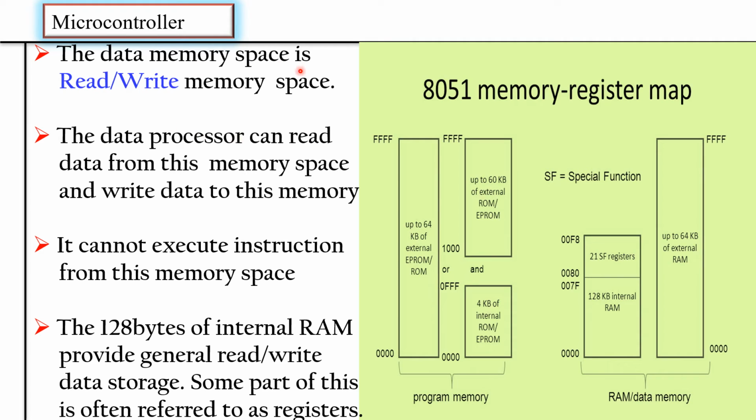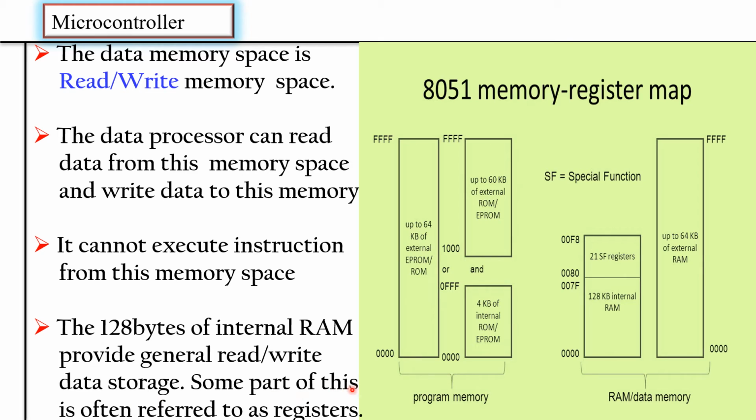The data memory space is a read write memory space. The processor can read the data from this memory space and write the data to this memory space. It cannot execute the instruction from this memory space. 128 byte of internal RAM provide general read-write data storage.